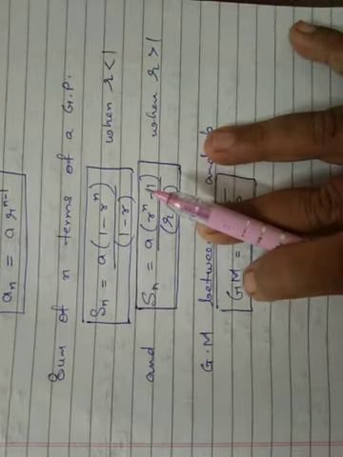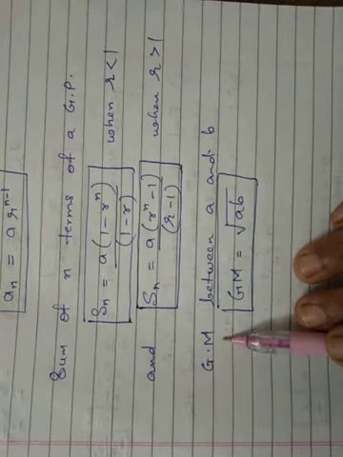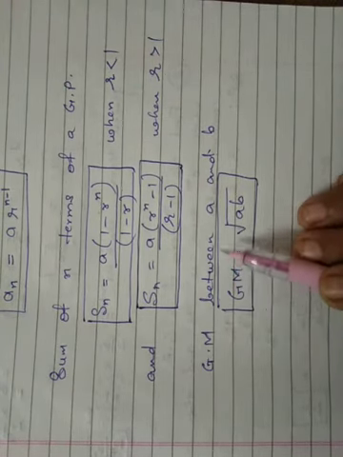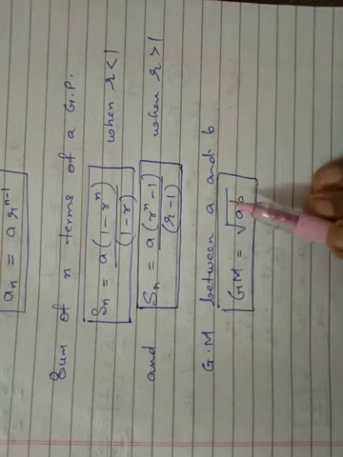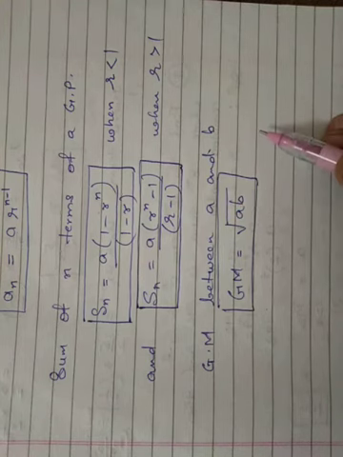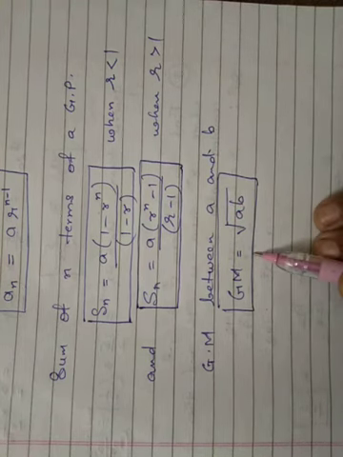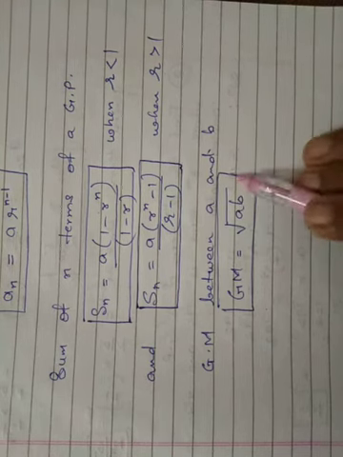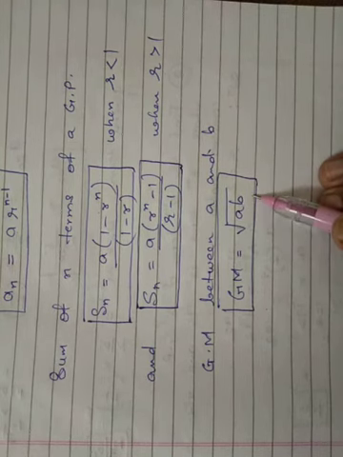And lastly, अगर दो नंबर्स हैं a and b तो arithmetic mean is a plus b upon 2 and geometric mean की फॉर्मूला है under root of a into b.